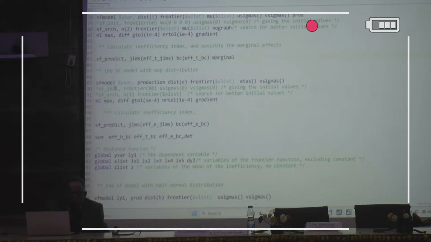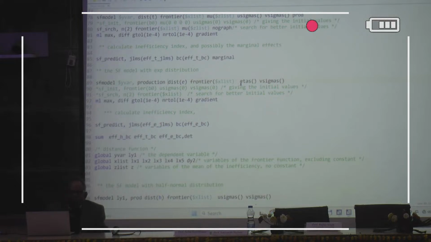So you do the same command in here. This is the difference: dist and then this is E. This is saying that the distribution for inefficiency is exponential. And then this is a little bit annoying because we keep changing this thing. The frontier part is exactly the same, and U sigma and V sigma are also the same.